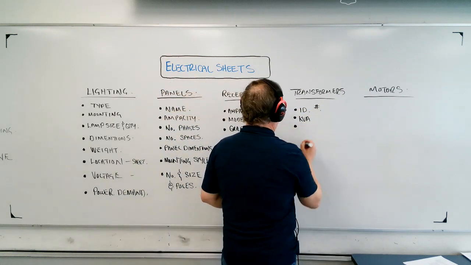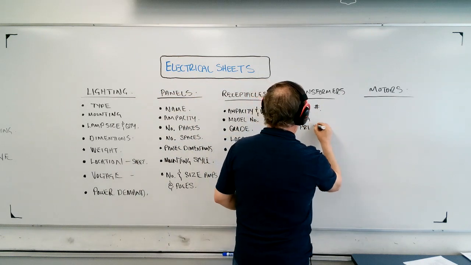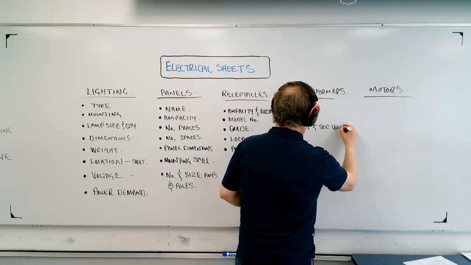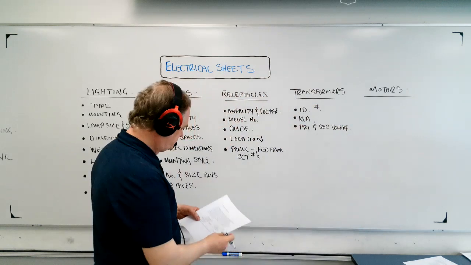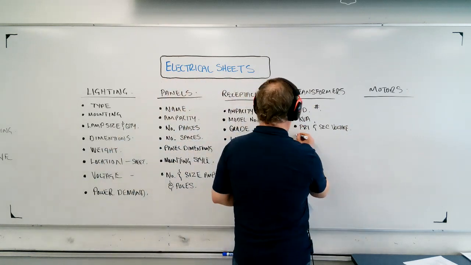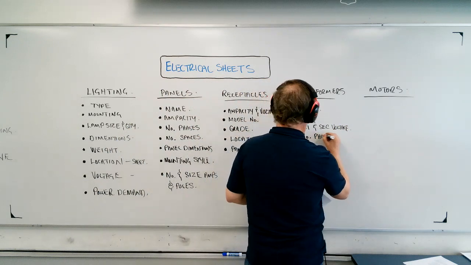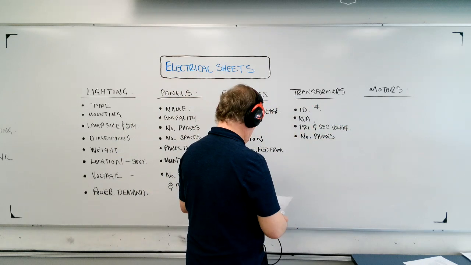As soon as we start talking about a transformer, we're going to have both primary and secondary voltages, and that will be shown in the schedule. Number of phases. Is it single phase? Is it three phase?